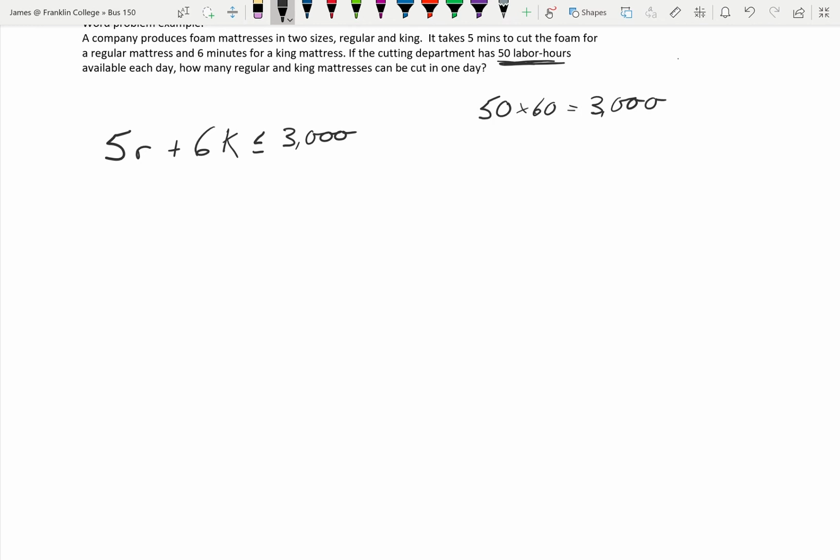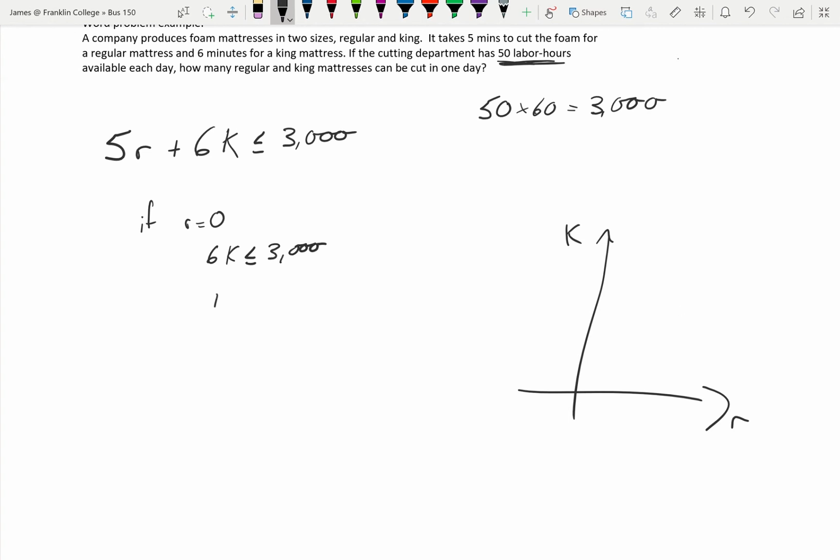So let's graph this. We got our king size mattresses and our R mattresses. So if R equals 0, then we have 6K less than or equal to 3,000, or K has to be less than or equal to 3,000 divided by 6.